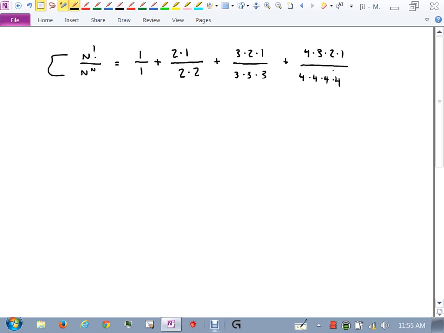So do you see that n factorial gets big very fast? I mean, n factorial grows quickly, but n to the n grows extremely fast. In fact, I would be hard pressed to find any function that would make sense in this class that grows faster than n to the n.